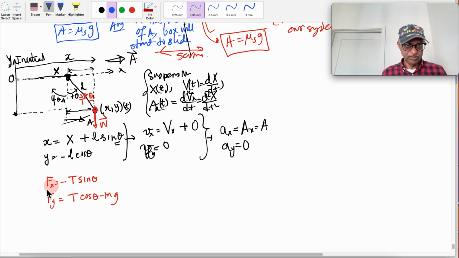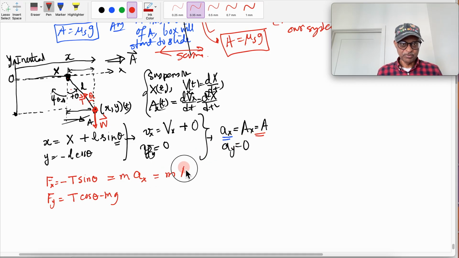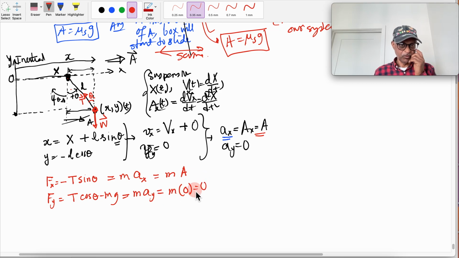All right, so this force must equal mass times the acceleration. So that's equal to mass times a_x, but a_x is capital A, so mass times A, and the y component should be mass times a_y, which is mass times 0, which is 0.